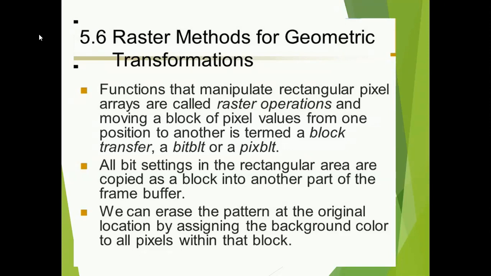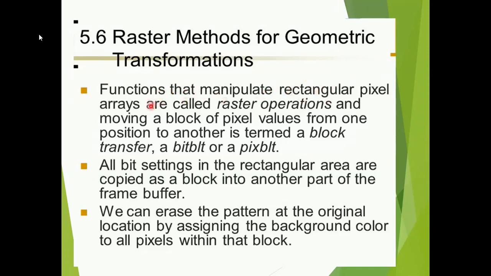So let us see here. You have a function that manipulates rectangular pixel arrays, called raster operations. In raster systems we have an alternate method where we use functions that manipulate rectangular pixel arrays.